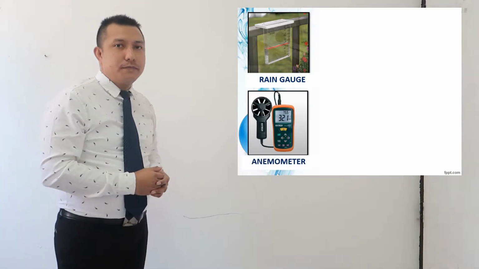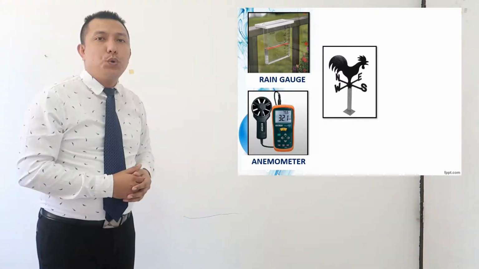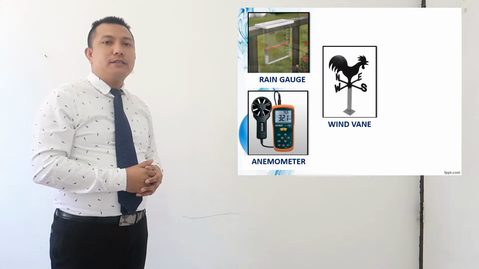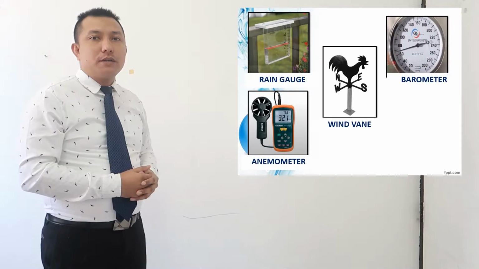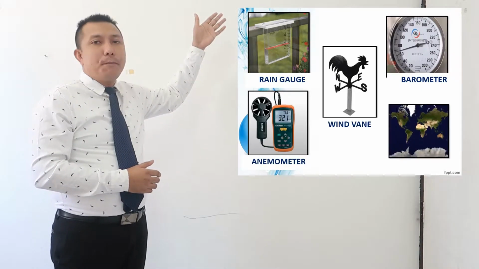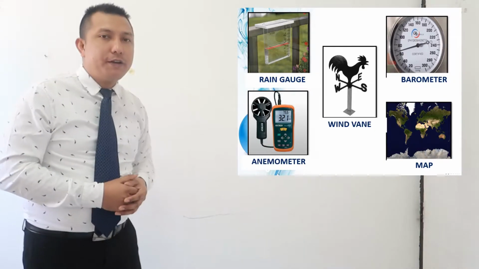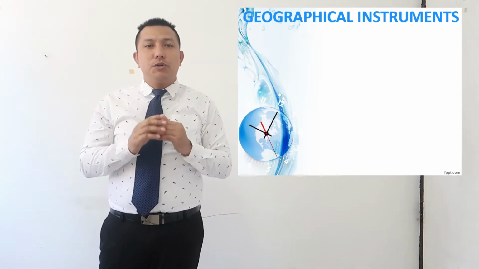Anemometer. Nice. We have wind vane. Good. Next, we have barometer. Barometer. And you have also map. Map. Very nice.